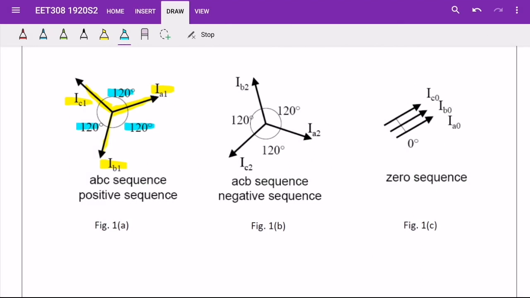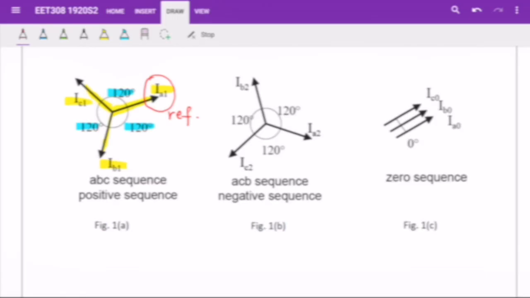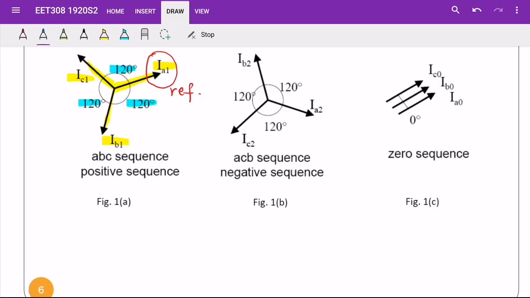From the phasor diagram, we can write the symmetrical component current equation. Before we write the current equation, we need to set the reference point. Let's take IA1 as a reference point. Now we can write the symmetrical component current equations.